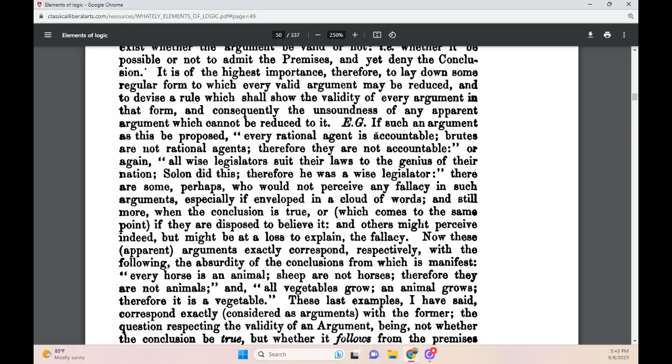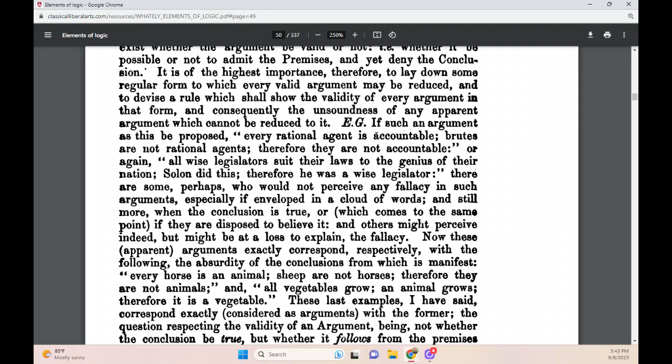That means that inside that accountable circle is a smaller circle titled rational agent, and all rational agents are contained in that smaller circle. But that whole circle is inside the larger circle of things that are accountable. So keep that image in your mind. There's a big circle of accountable things, and inside it, there's a smaller circle of rational agents.